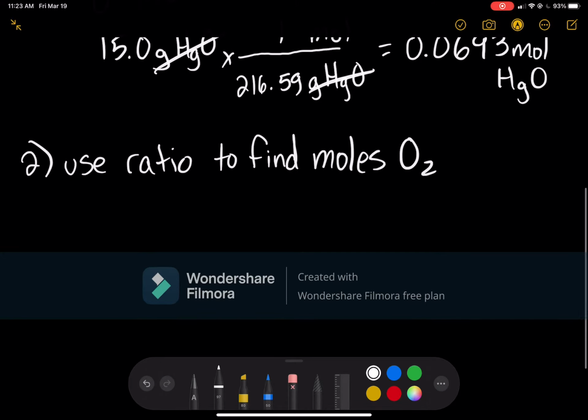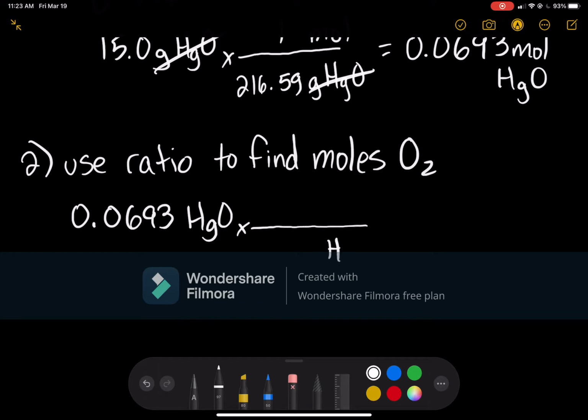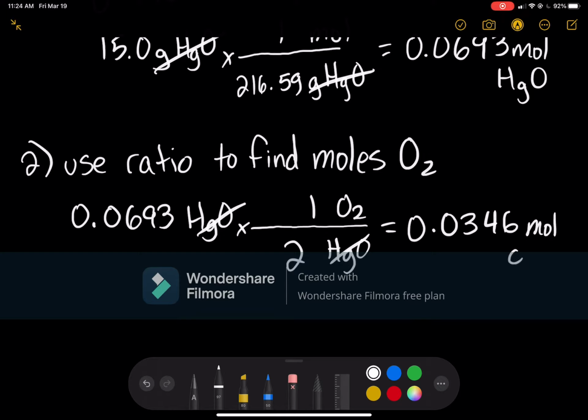So we take 0.0693 HgO times, now we have to have HgO to O2 so that these cancel out, and so there's 2 to every 1, which gives us an answer of 0.0346 moles of O2.